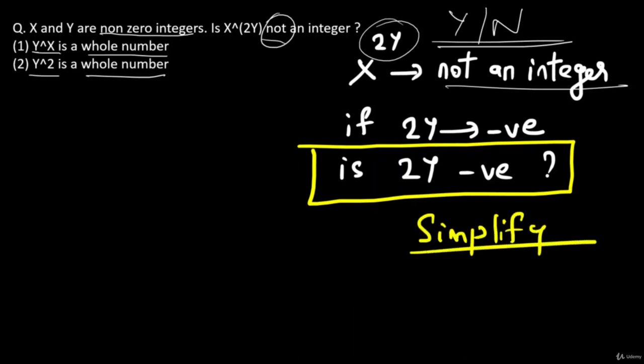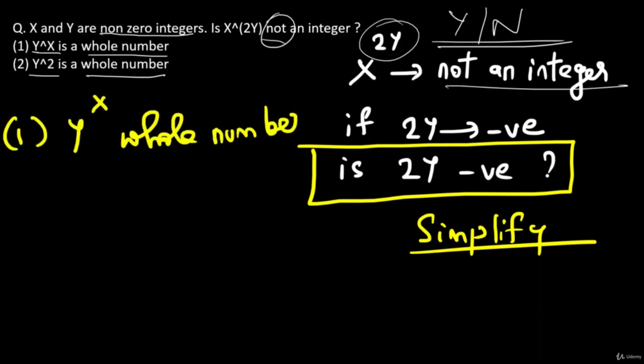Now let's use statement 1. It says that y to the power x is a whole number. Now remember, what are whole numbers? They are numbers like 0, 1, 2, etc. It starts with 0. Negative numbers are not whole numbers. Now y to the power x is a whole number. So what can we understand from that?